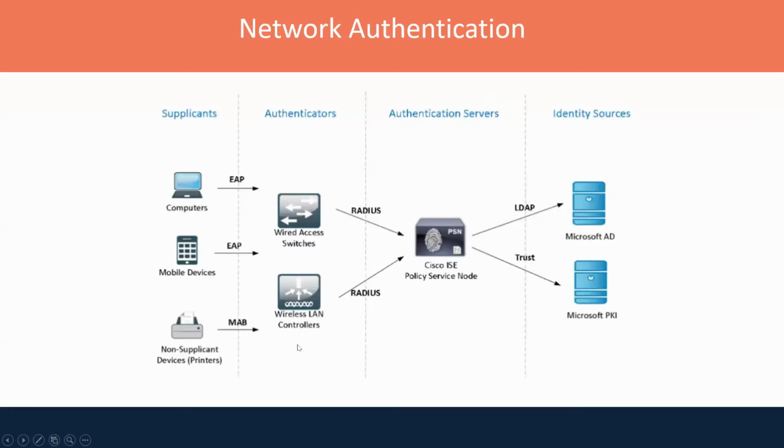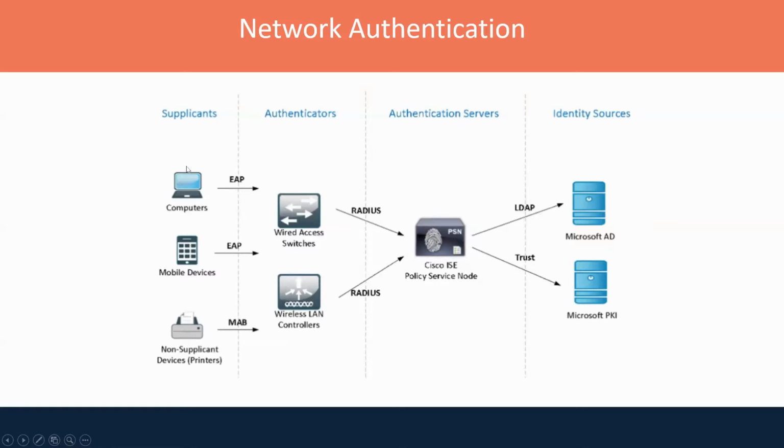Your switches or wireless LAN controller are the authenticator, and ICE is working as an authentication server, which uses LDAP services to reach the identity sources. So your Microsoft Active Directory or Microsoft PKI EDCS server would be working as identity sources.